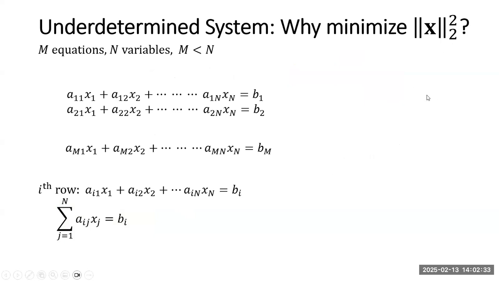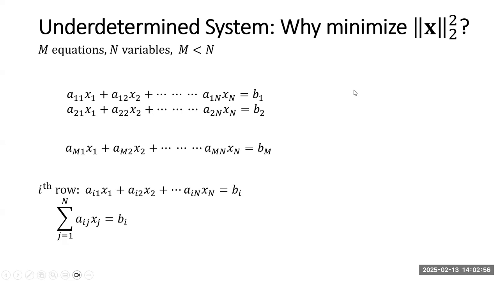Now, why minimize the L2 norm squared? Now here's why. In practical situations, maybe we are looking at only positive values of x, but let's say we are dealing with neural network weights, in which case there is no reason why an x is more likely to be positive.